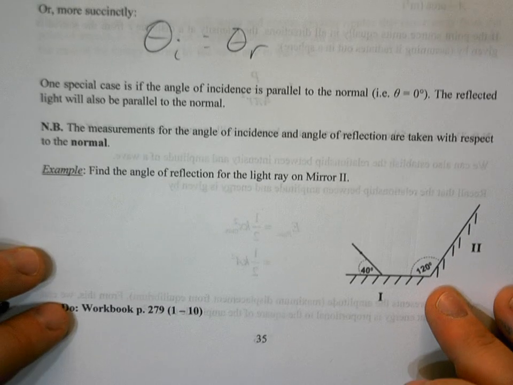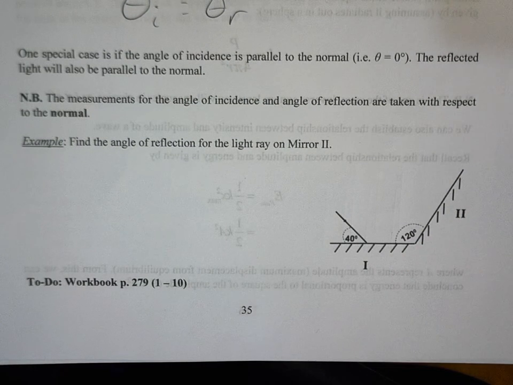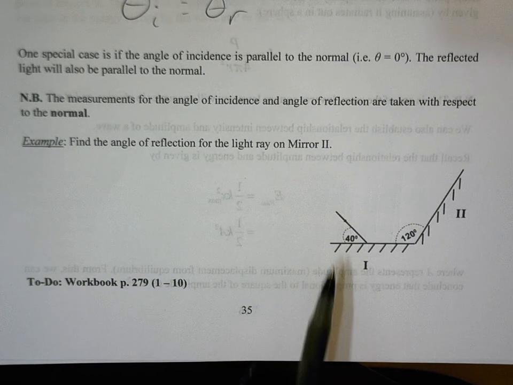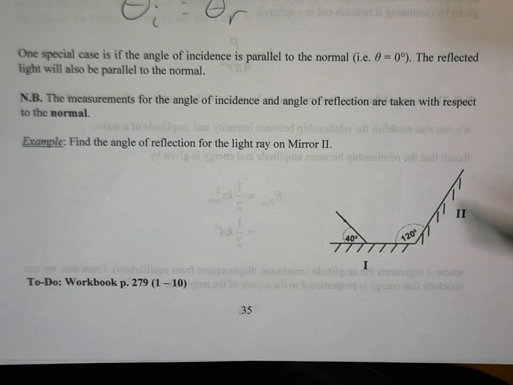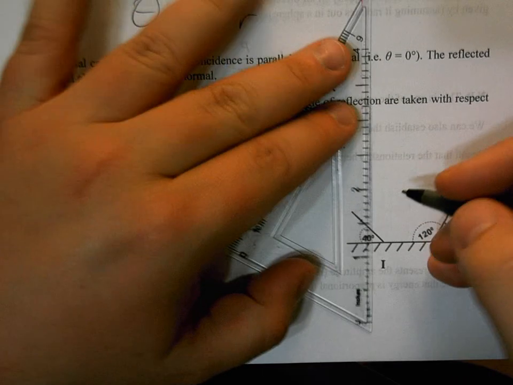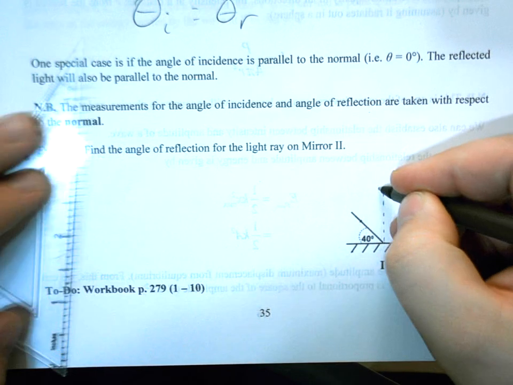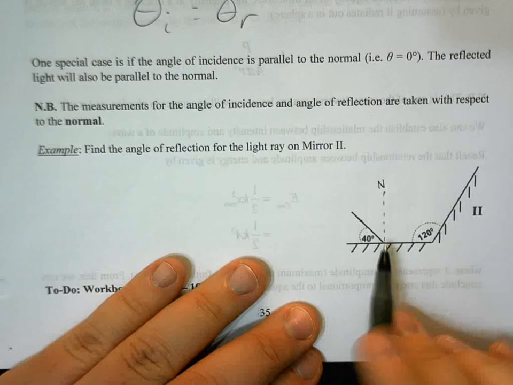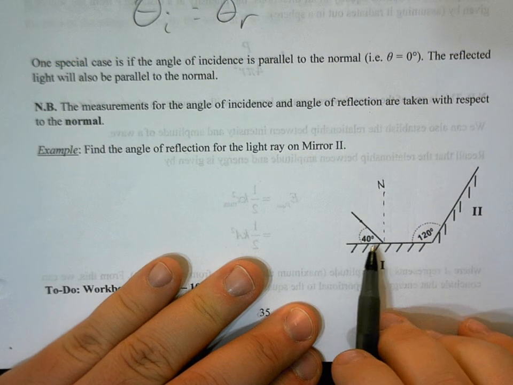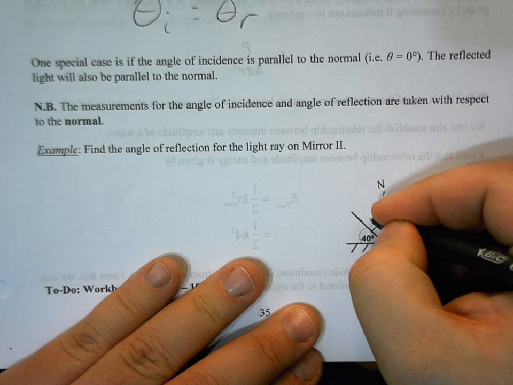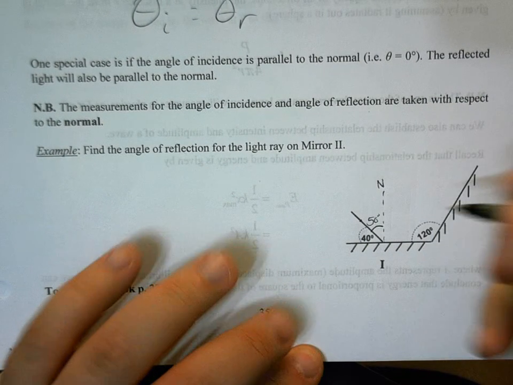So let's look at this example here really quickly. We want to find the angle of reflection for a light ray on mirror 2. So here's my mirror. I'm going to first of all draw in my normal line. So this is my normal line, and this is going to make a right angle with this surface. So I know if this angle here is 40 degrees, then this is going to be the complement, which is going to be 50 degrees.